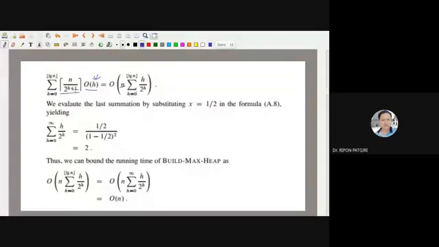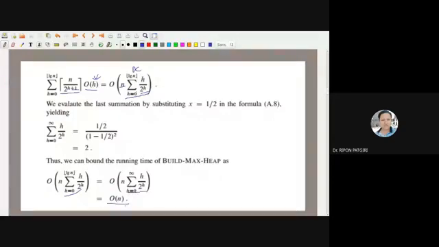That's why we have put h divided by 2 to the power h here. So if we solve this up to infinite, 0 to infinite, it gives 2. So this is very simple. It gives 2. 2 means constant. So this is big O of n.